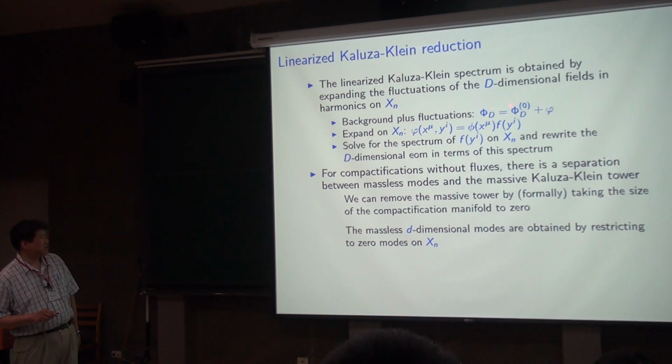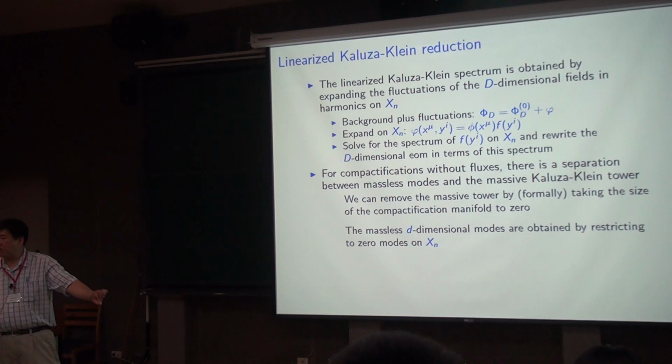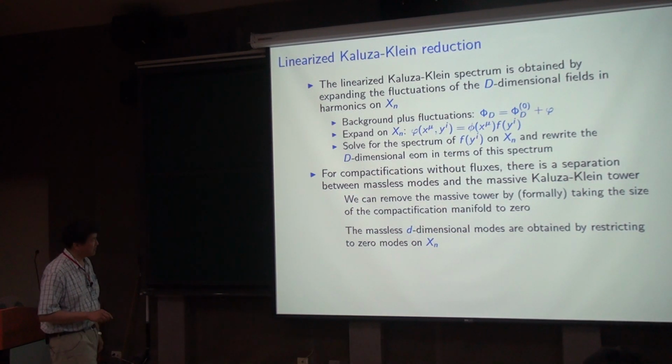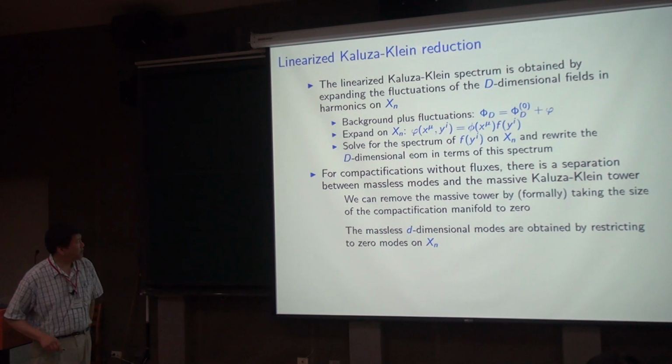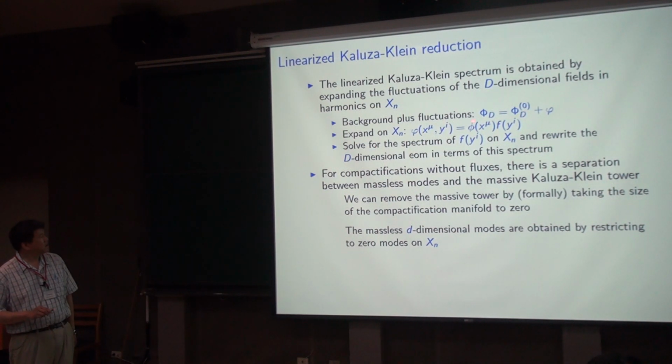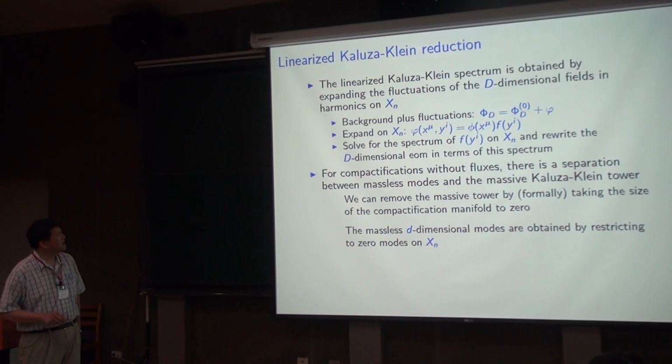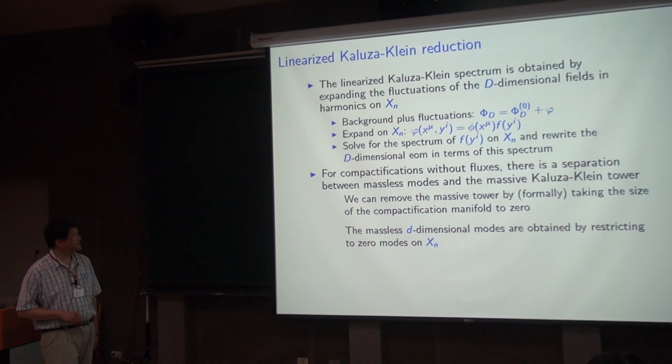I take my 10-dimensional field, my higher dimensional field, and split it into background plus fluctuations. The fluctuations can be decomposed into harmonics, f of y over here, where the harmonics are not just e to the i n y over r, they are more complicated types of harmonics. But it's the same idea. Once I decompose like that, I can look for the lower dimensional equations of phi of x.